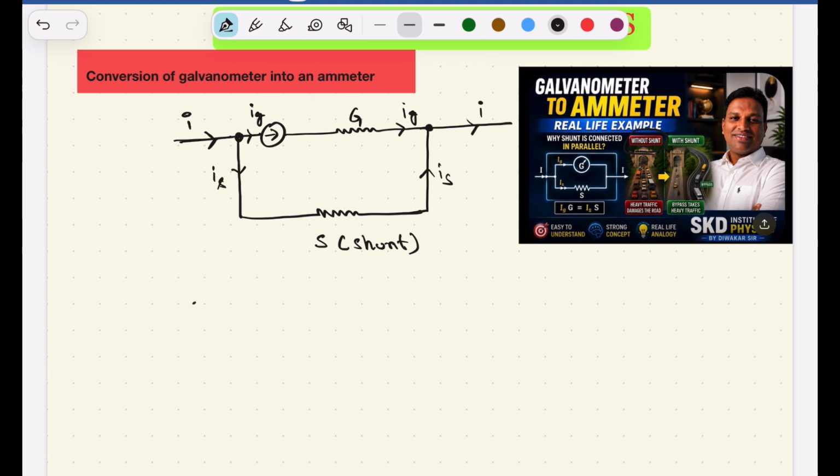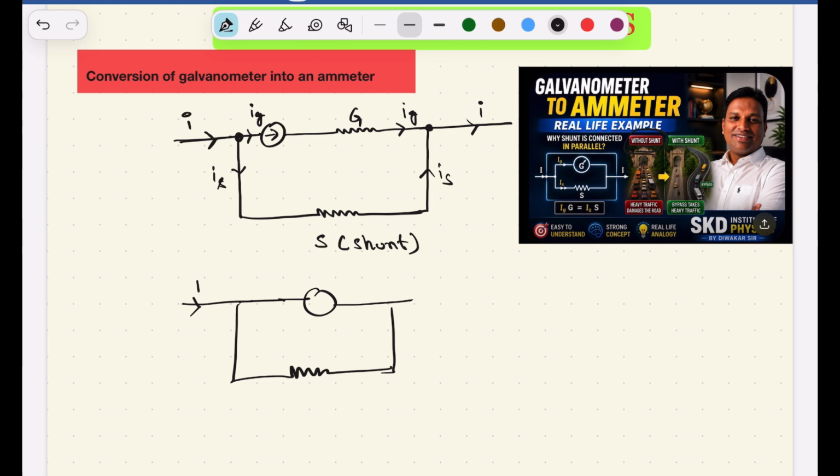Assume this galvanometer is taken as the town, and this is a shunt resistance. I am taking the traffic as the current. I am taking this analogy. Analogy means similar. Okay, now understand.